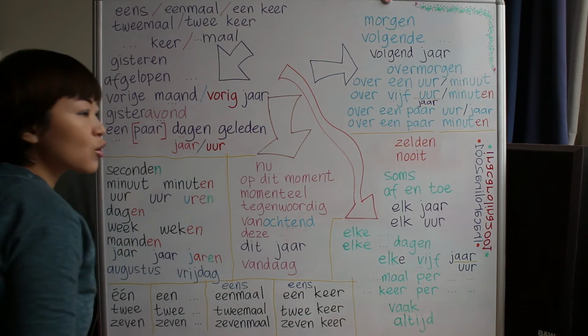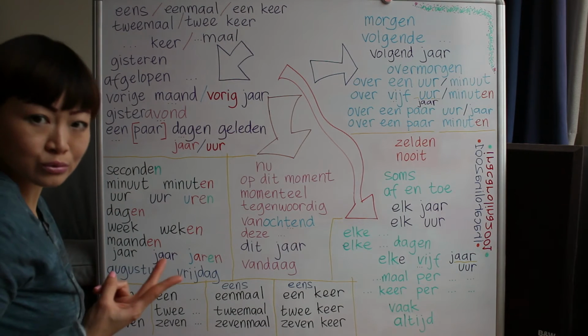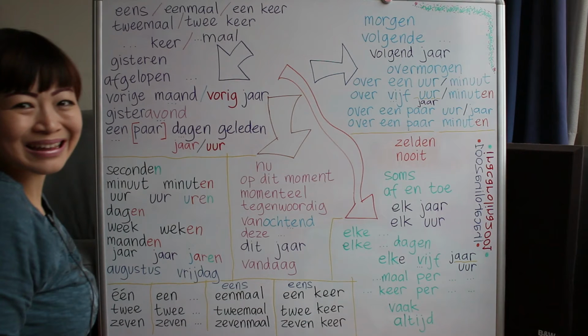For one time, there are two ways which have different meanings. You have één keer, which means one time, but we also have een keer. When I learned this from my Dutch friends, één keer means you are sure it's one time.